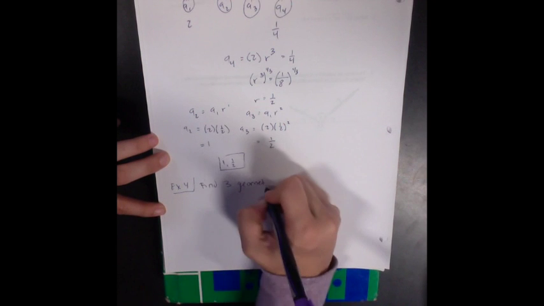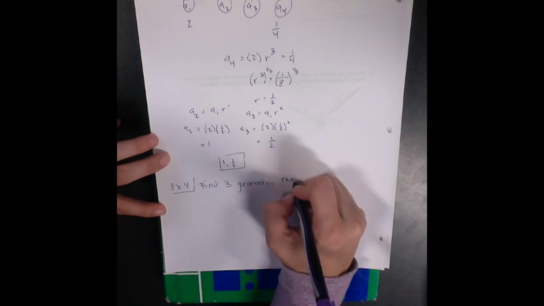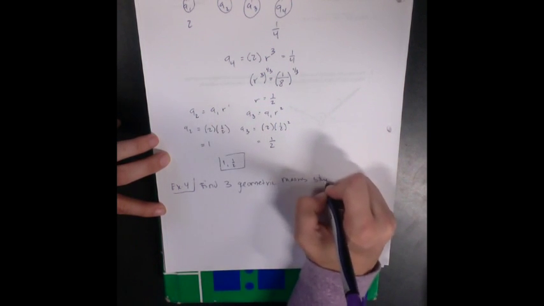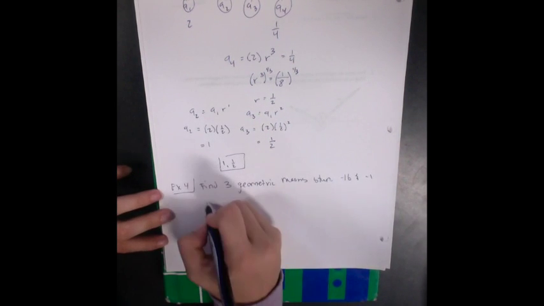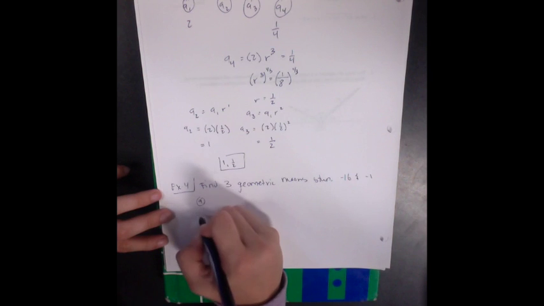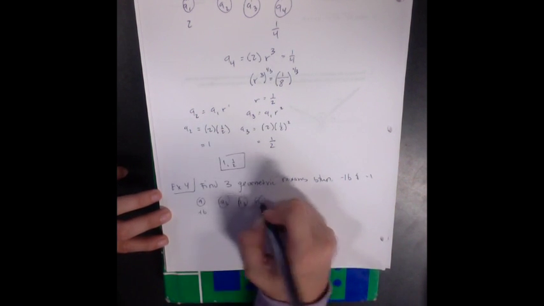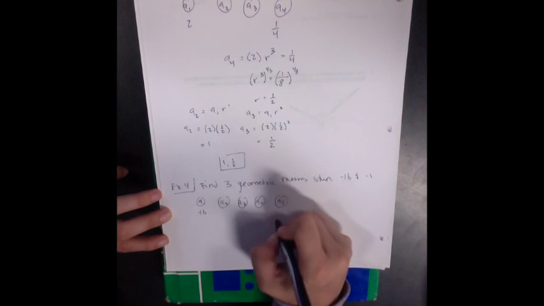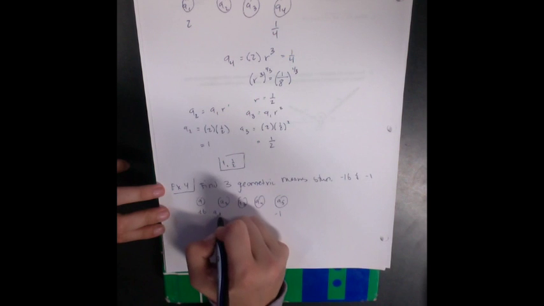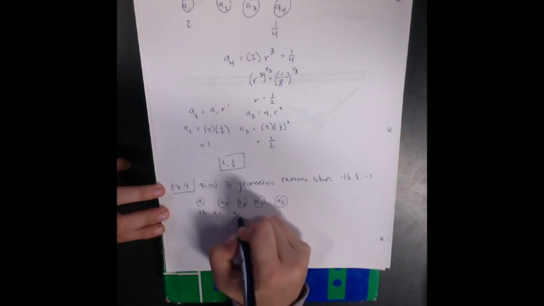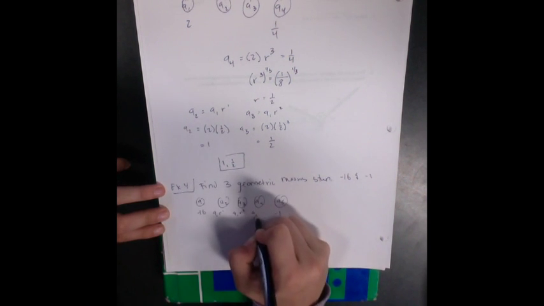Find 3 geometric means between negative 16 and negative 1. So A1 we have negative 16. We're looking for A2, A3, and A4. A5 is negative 1. Now I know that A2 is A1 r to the 1, A3 is A1 r squared, and A4 is A1 r cubed.